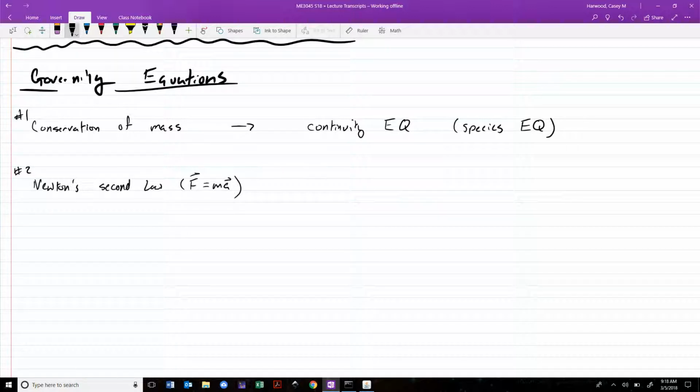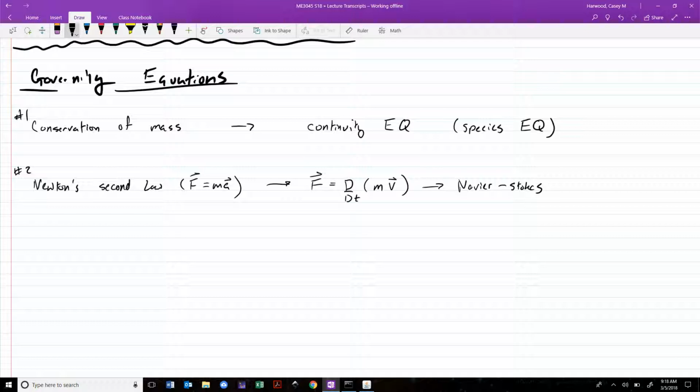In fluids, we chose to recast this in the more general form. We said F is equal to the time rate of change of mv, and we turned this into the set of equations we called the Navier-Stokes equations, which I know were your favorites.